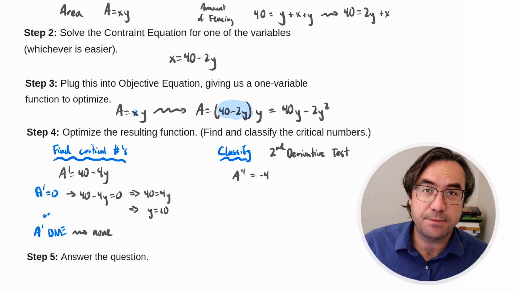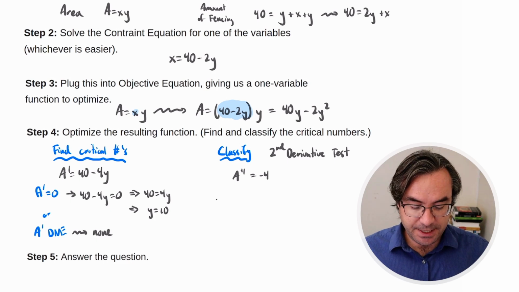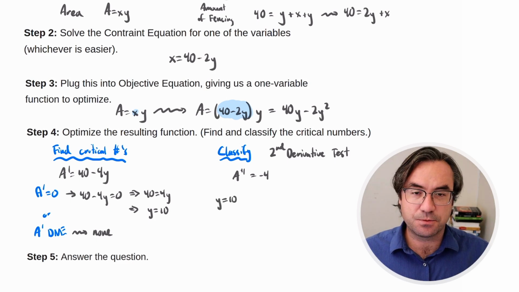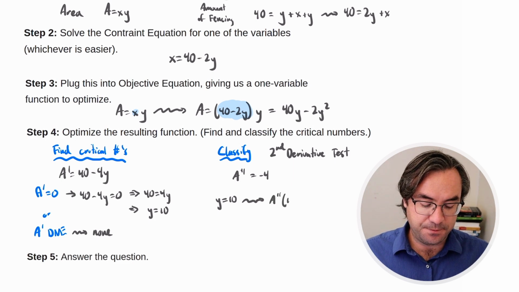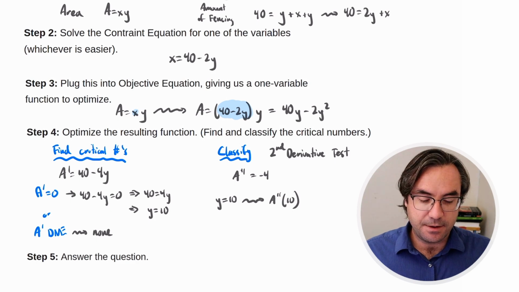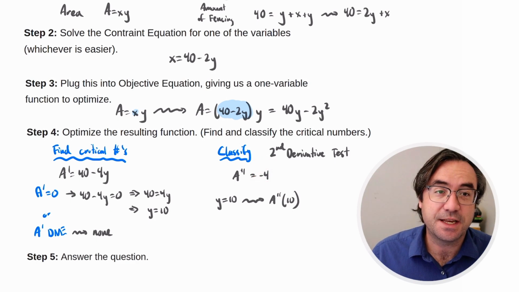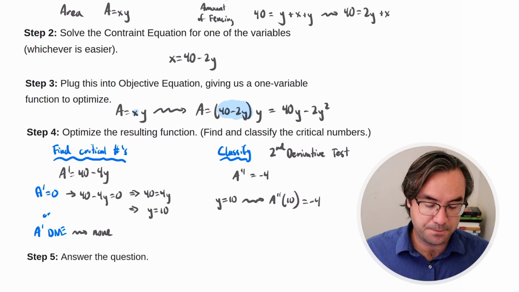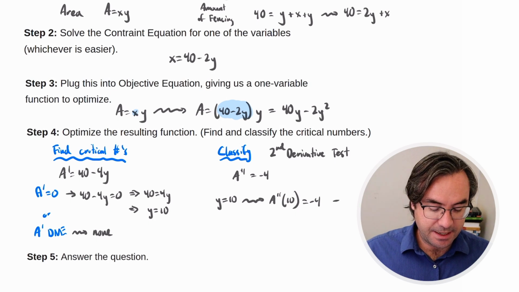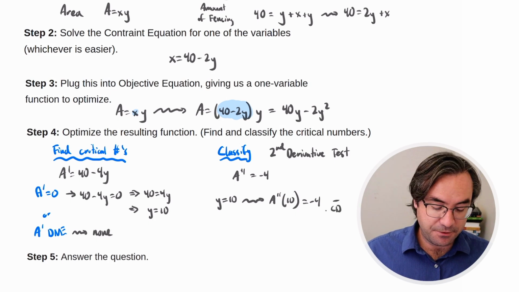And the way we actually perform the second derivative test is we take our critical number, which in this case is y equals 10, and we plug that into our second derivative. And in this case, our second derivative is a constant function. So we get out -4. And negative second derivative means concave down.